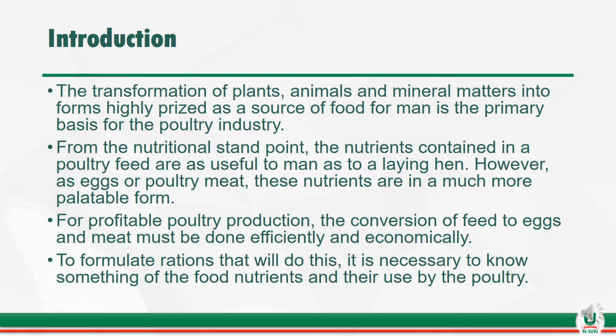However, as eggs or poultry meat, these nutrients are in a much more palatable form. Now, for profitable poultry production, the conversion of feed to eggs and meat must be done efficiently and economically. To formulate rations that will do this, it is necessary to know some things about the food nutrients and their use by the poultry.